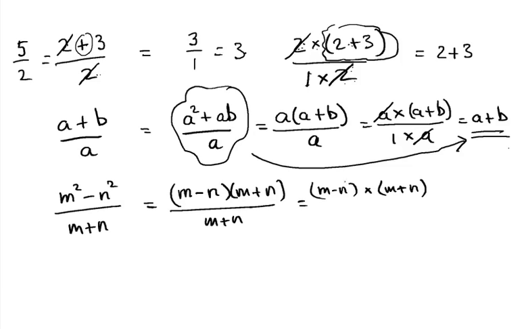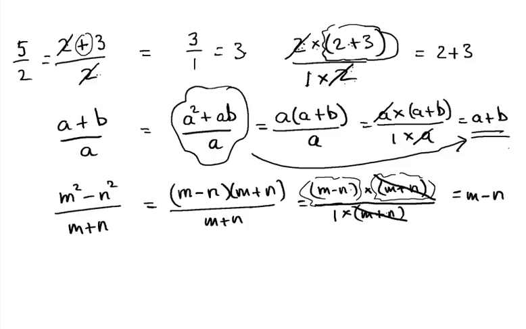They're multiplied together, but that whole expression is one of the factors, and this whole expression is another one. And this is divided by m plus n. To consider that as a fraction, of course, it would be 1 times that. So again, top and bottom now does have a common factor, m plus n. We divide top by m plus n and the bottom by m plus n. These two factors disappear. We get m minus n divided by 1, which has no effect. So it's just m minus n.